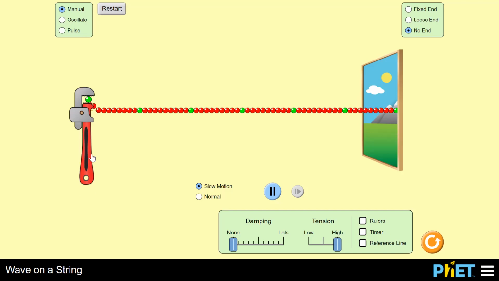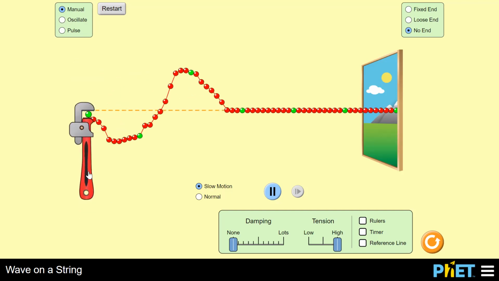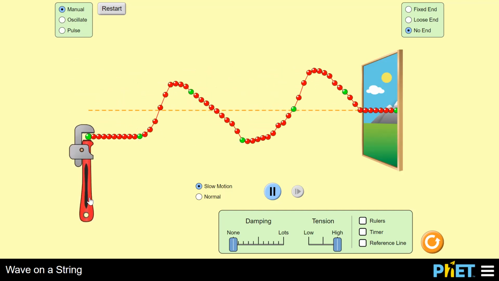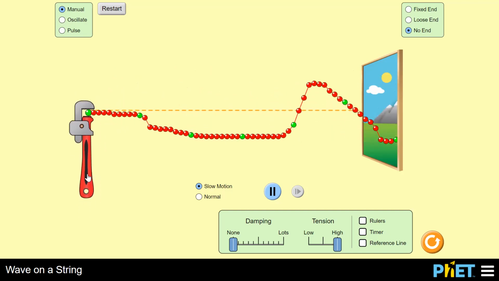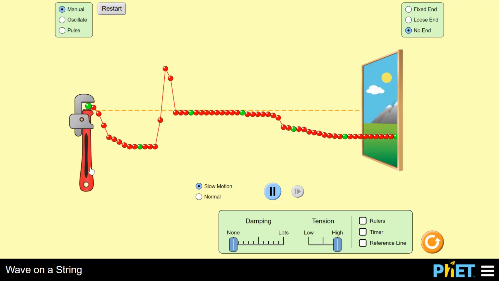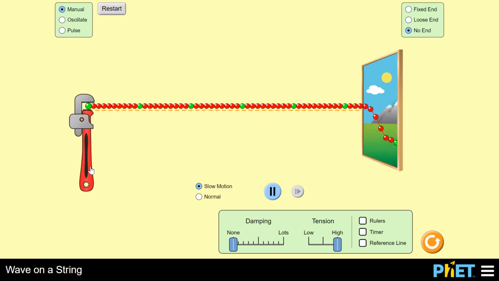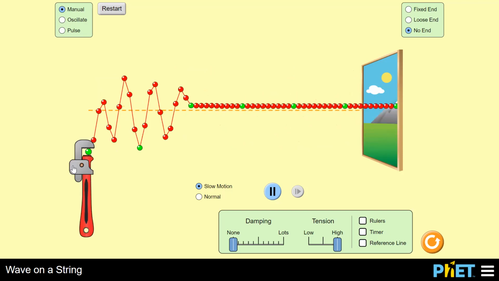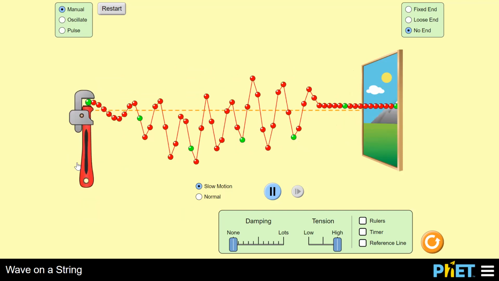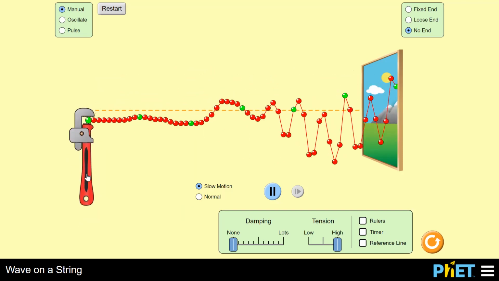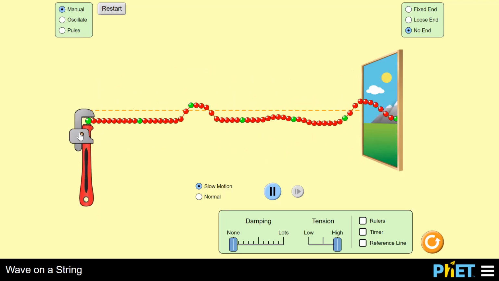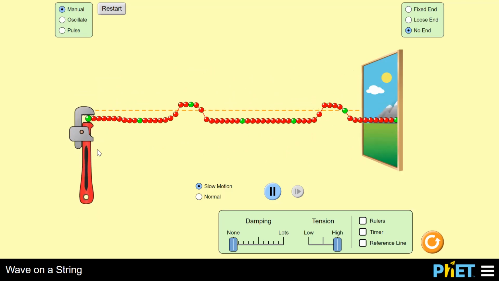In accordance with Newton's second law, a stronger net force results in a greater acceleration, and thus it moves faster. Now, if we decrease the net force, then we have a slower acceleration.